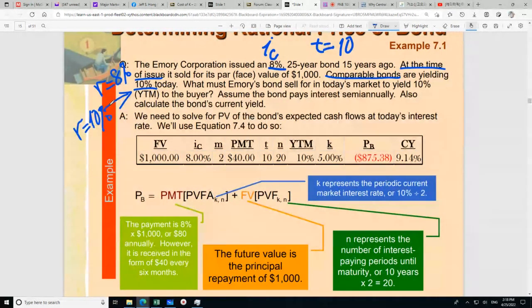And I've been telling you this over and over. This is the way it is worded. They never say use this as the discount rate. They never say this is the discount rate.